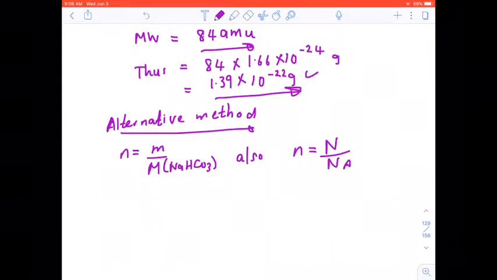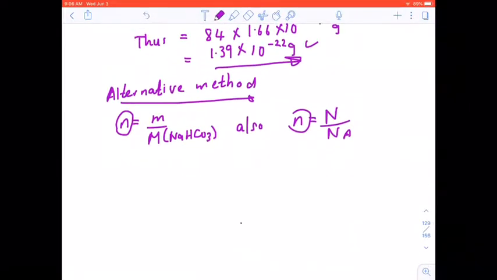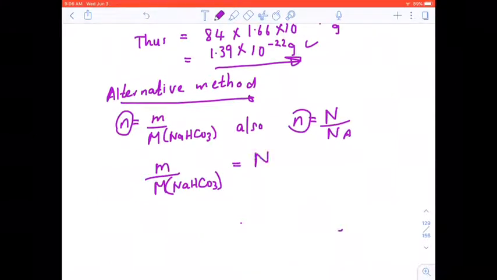It's useful to use this. So here you got n is equal to that, and you got n is equal to this, and then m upon M of NaHCO3 is equal to N upon Na.